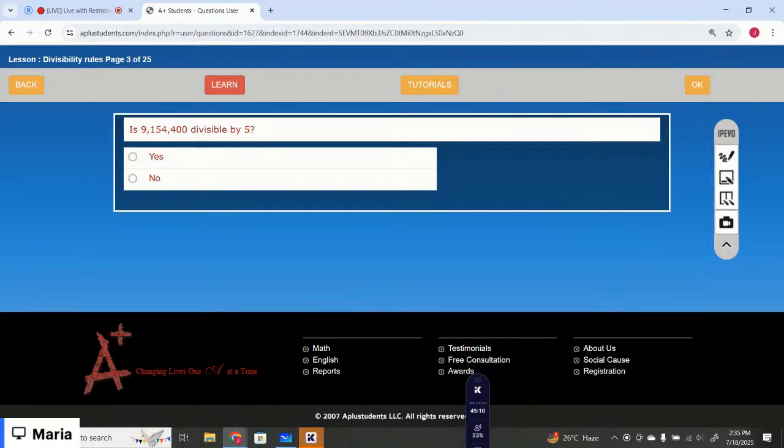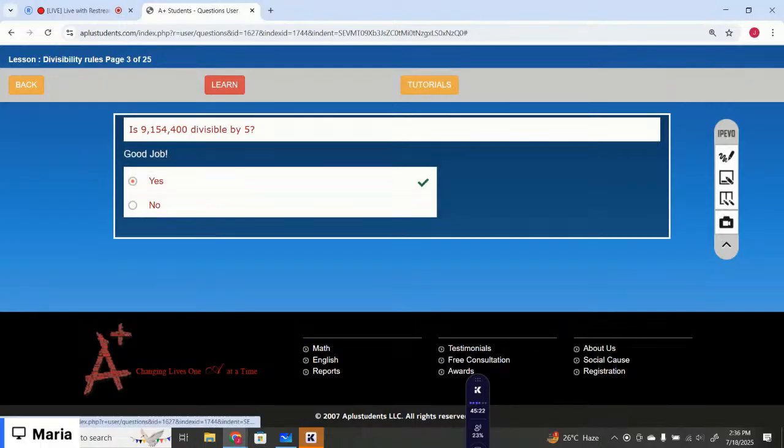Is 9,154,400 divisible by 5? Yes, it is divisible by 5, right? Option number 1 is the correct option.